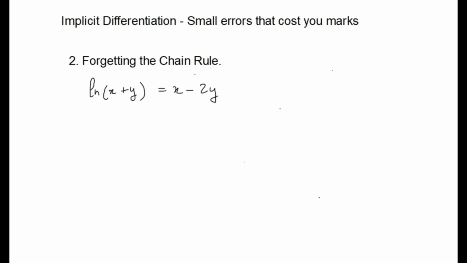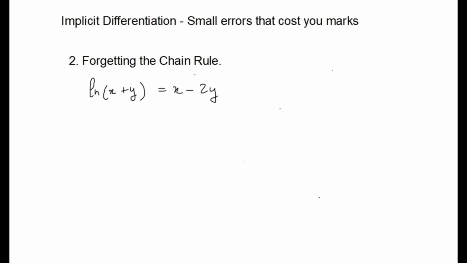Therefore, it's an implicit differentiation question. You actually get a mark for recognizing that it's implicit differentiation and attempting to differentiate it implicitly. You don't even have to get that attempt right. So there's a mark for just recognizing it. Okay, so let's say now we've recognized that this is an implicit differentiation, and we need to go about differentiating each term separately.